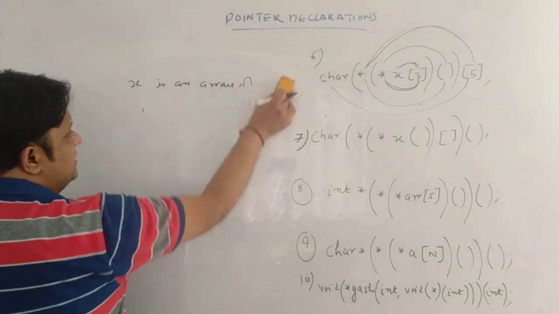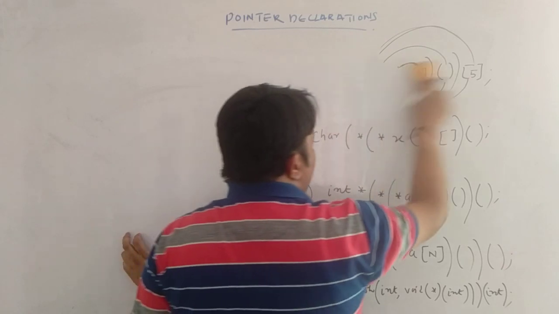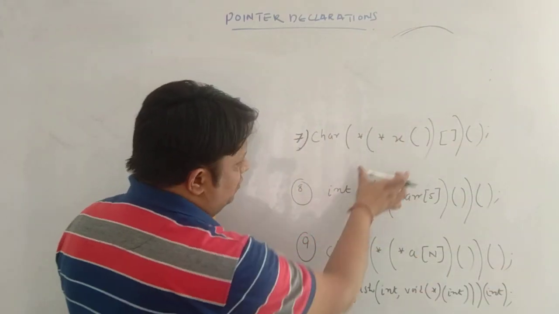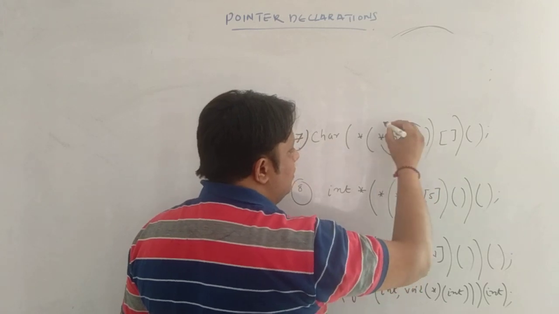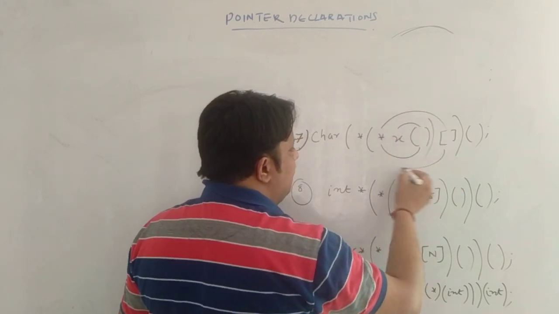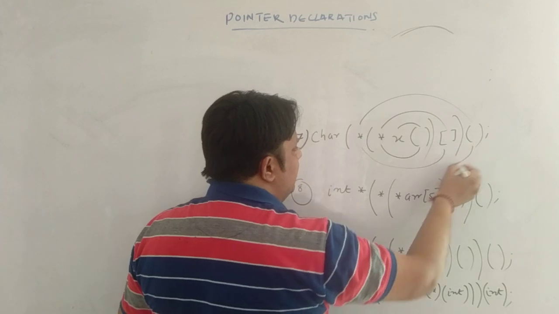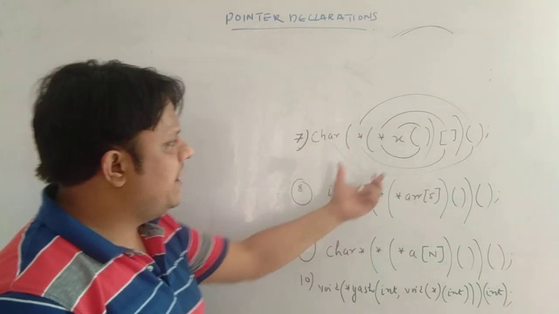Now moving on, the seventh expression. Now what is x? So try to solve this. Break it step by step.